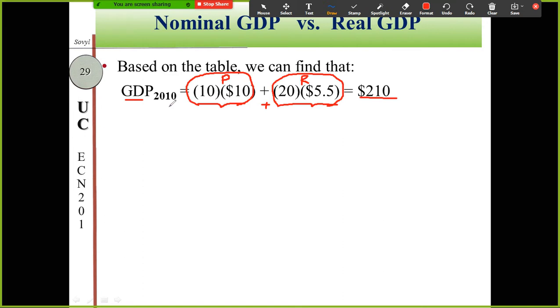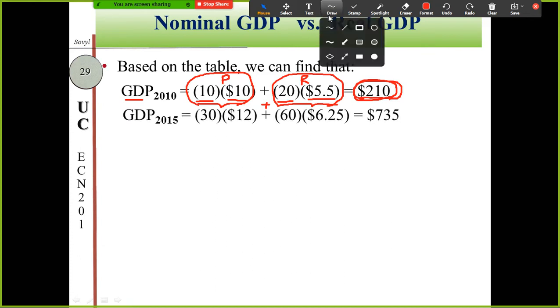GDP in 2010 is equal to 210. Why? Because it is the quantity of pizza produced in 2010 multiplied by the price of pizza in 2010, plus the quantity of rice produced in 2010 multiplied by the price of rice in 2010. That is the total market value of pizza and rice in 2010.